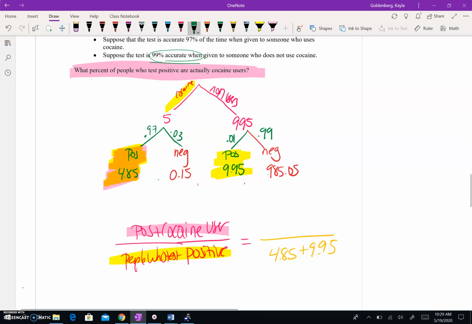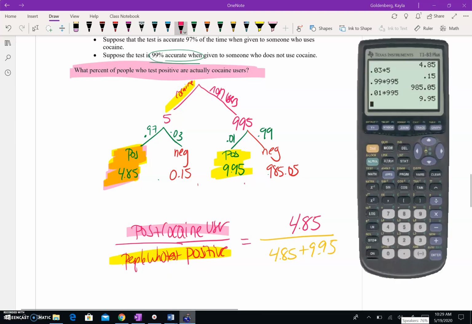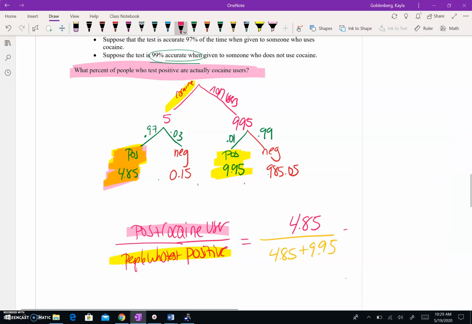Okay, so it's going to be 4.85. I'll kind of color code that. Okay, so if I do that division, 4.85 divided by 4.85 plus 9.95 for my total. And I move my decimal point 2 places over. It looks like it's 32.77%.